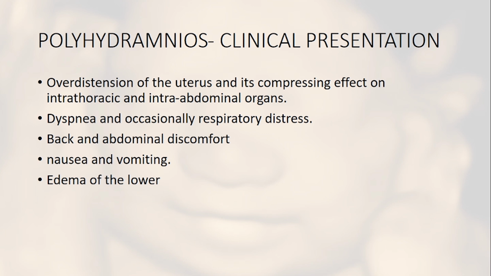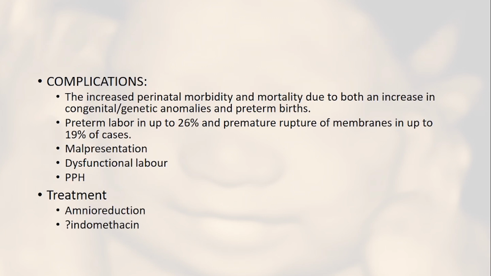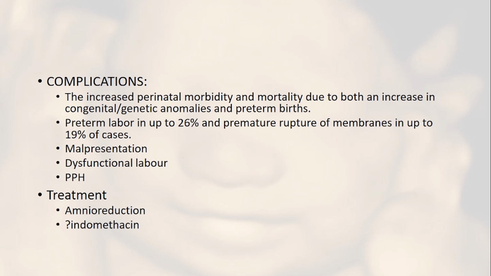When we measure clinically, the uterus is usually larger than dates, and it can present with compressing effect on the intrathoracic and intra-abdominal organs. It may cause dyspnea and respiratory distress. Back and abdominal discomfort has been reported, and sometimes they're predisposed to nausea and vomiting, and edema of the lower limbs. So the complications include preterm labor, malpresentation, dysfunctional labor, and they can also predispose to postpartum hemorrhage through the route of uterine atony.